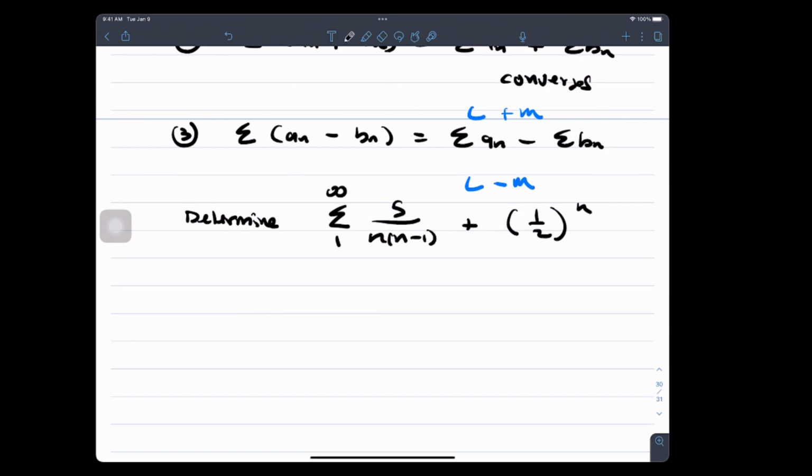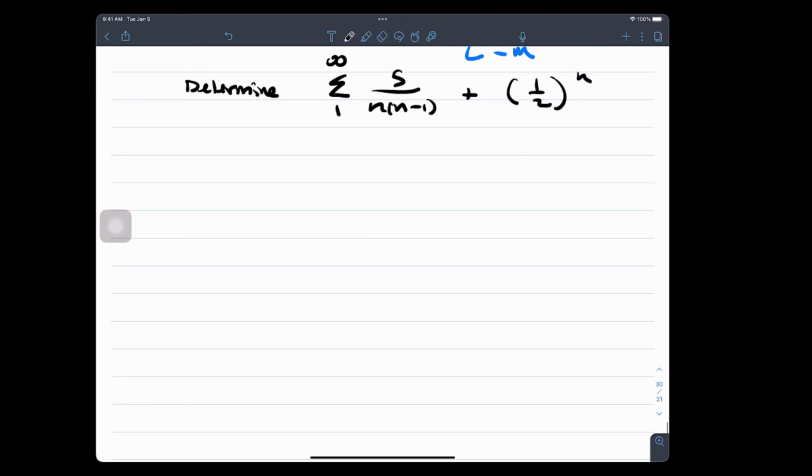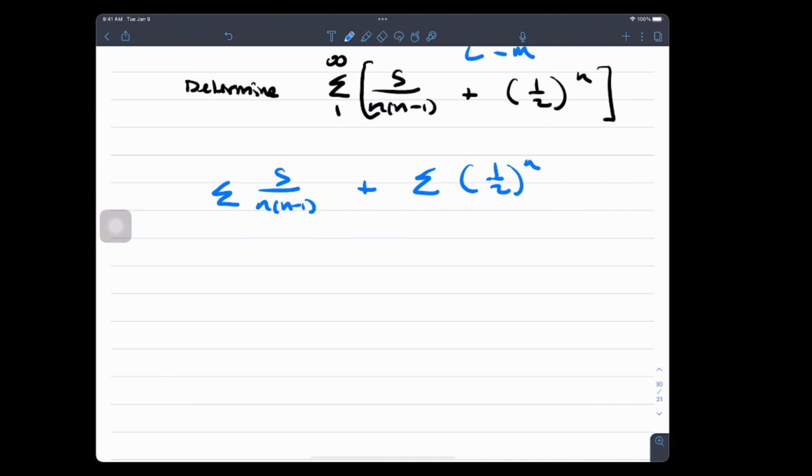Determine the sum. And all they want you to do is use properties. You say, what do you mean? 5 over n(n minus 1) plus the sum of (1/2)^n, n is 1 to infinity. Pull out your constant 5.